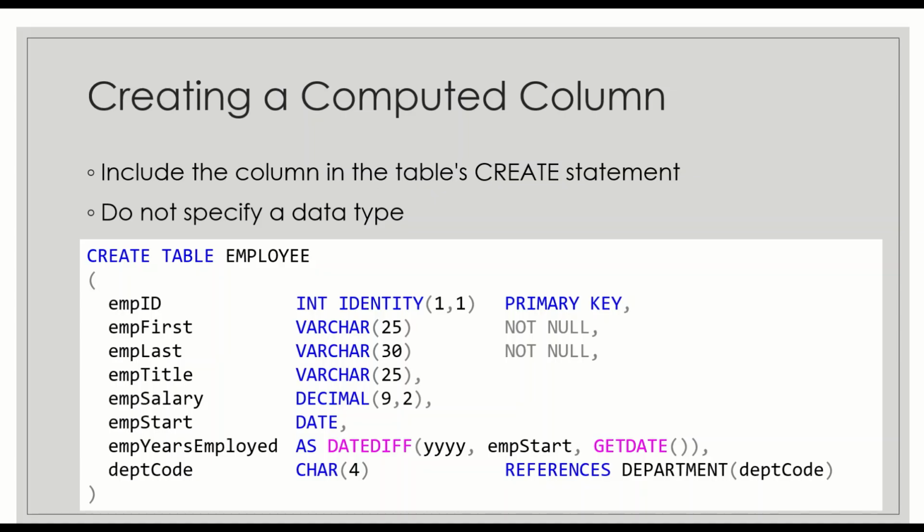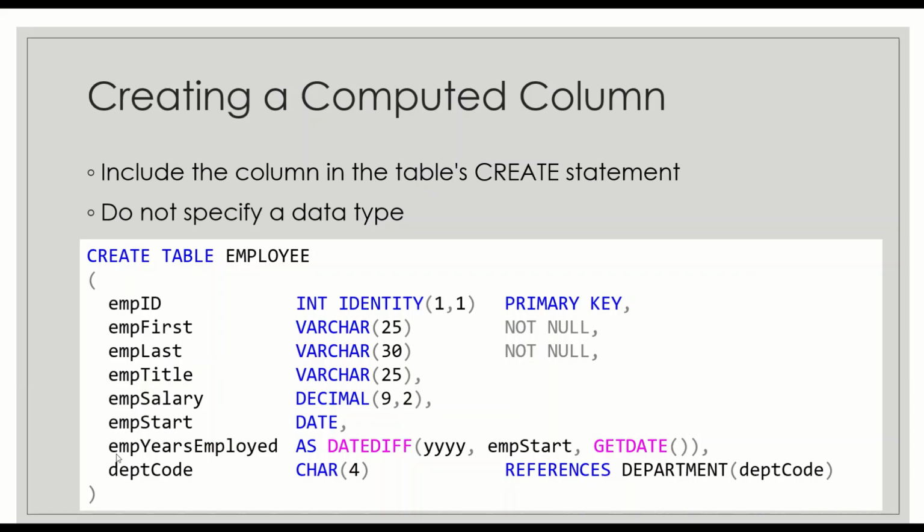Because if we store data like this, it creates a problem for maintenance, because every time that employee's anniversary passes, we would need to update their years employed. This is something that we can easily calculate because we know the employee's start date. So rather than calculating it in the projection, we can store the calculation as a computed column.